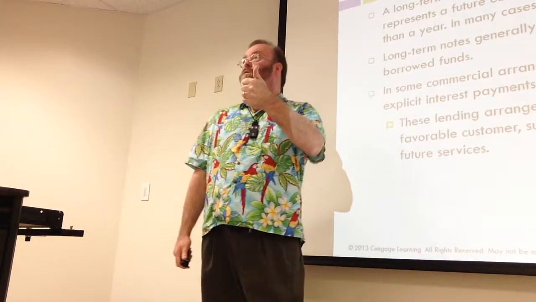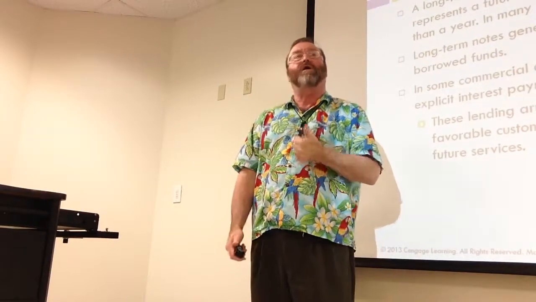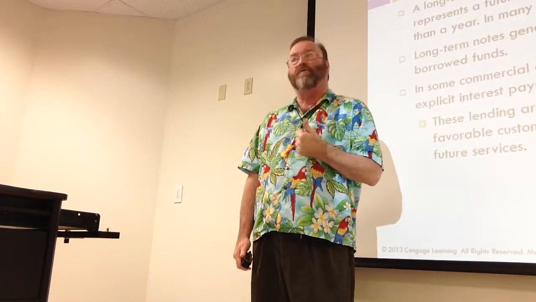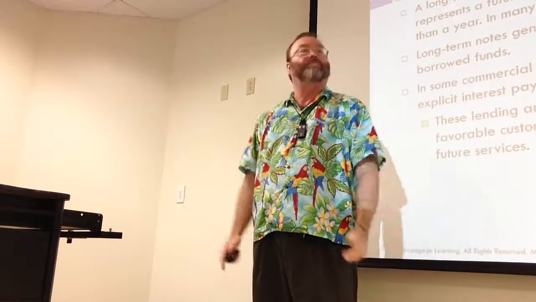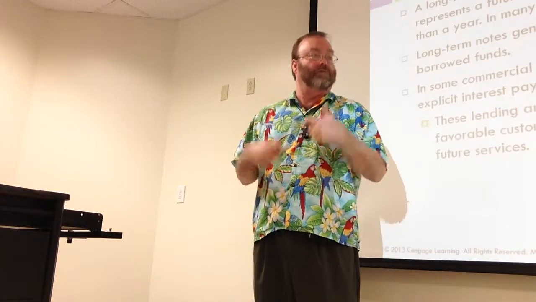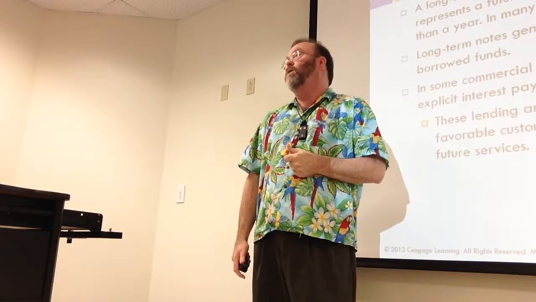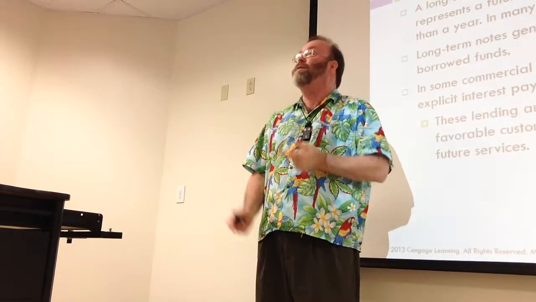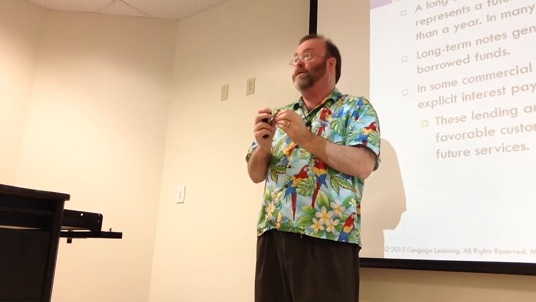If we know the fair market value of the item that we're buying, a building that we have a survey on, a real estate appraisal on. We're buying a piece of machinery that has a list price.